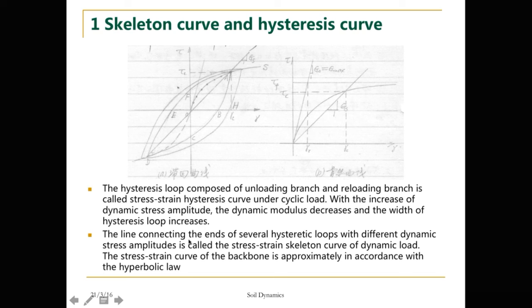The line connecting the ends of several hysteretic loops with different dynamic stress amplitudes is called the stress-strain skeleton curve of dynamic load. Now, we already have two methods to create the skeleton curve.